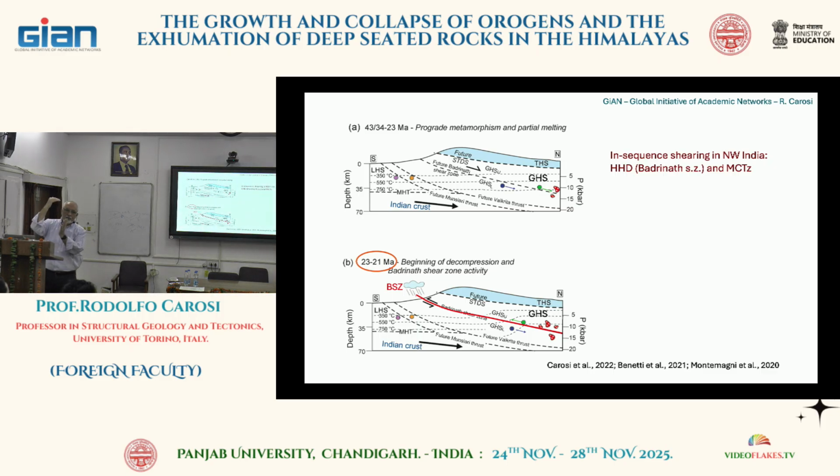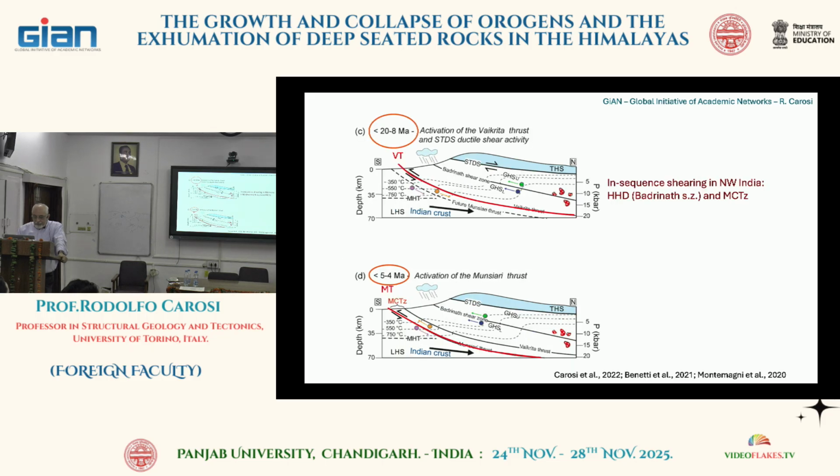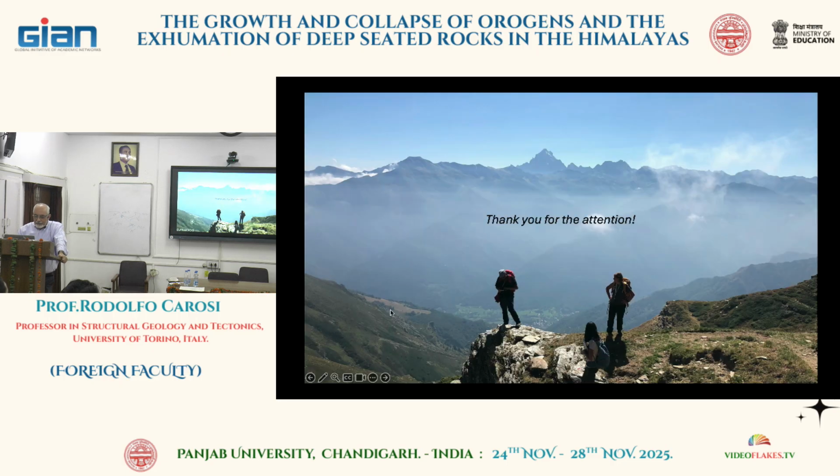You can be helped by erosion or normal faulting, and then the deformation from 20 to 8 million years shifted along the Vaikrita thrust, then along the Munsiari thrust.